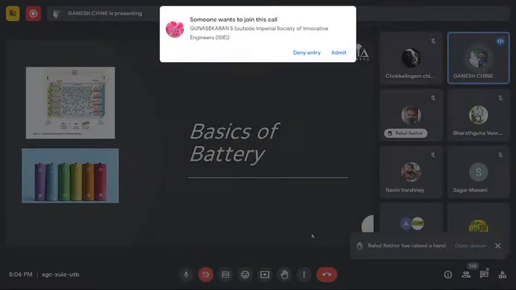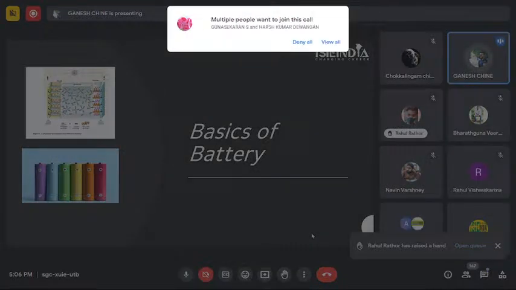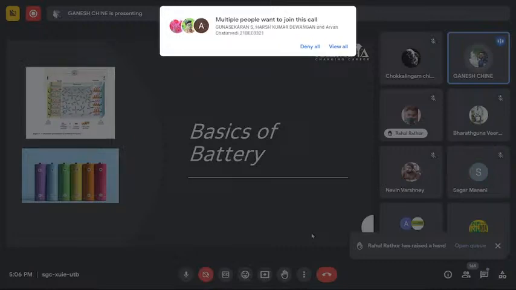And then the procedure of making the cathode active material: firstly we synthesize the cathode active material, and then we coat those powders mostly on aluminum foil. In some cases we use copper foil also.